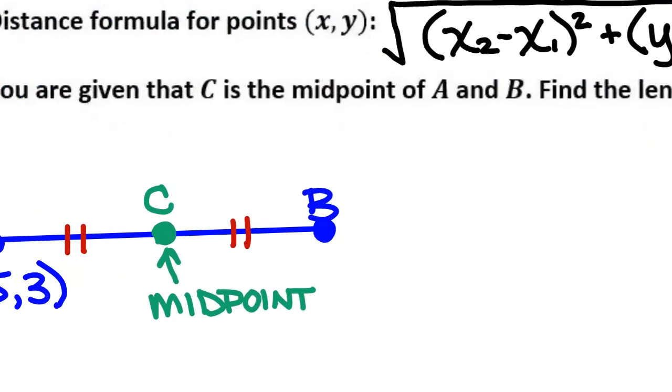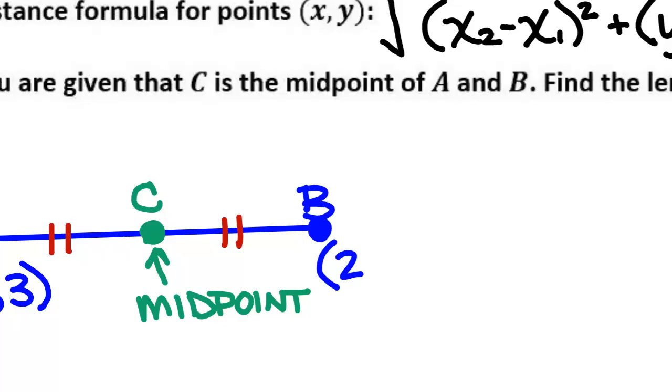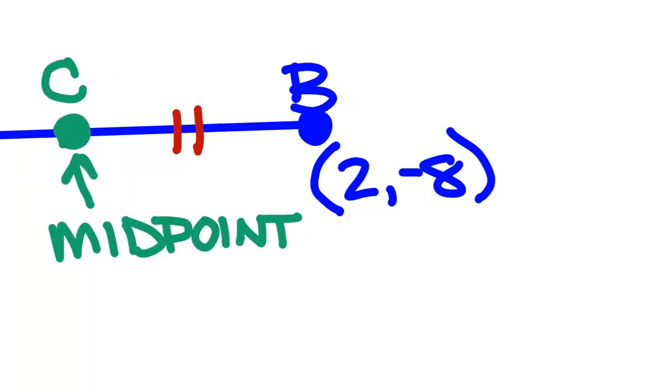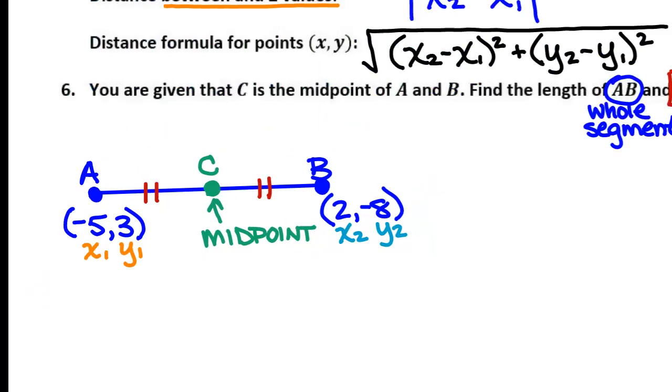And for B, it's 2, -8. So let's let A, -5, 3, be the x1, y1. And let's let B, 2, -8, be x2, y2.